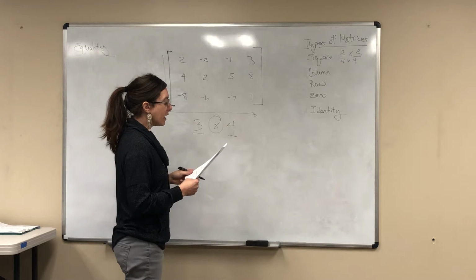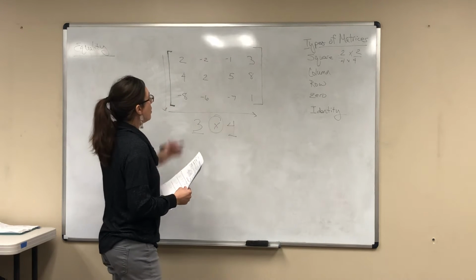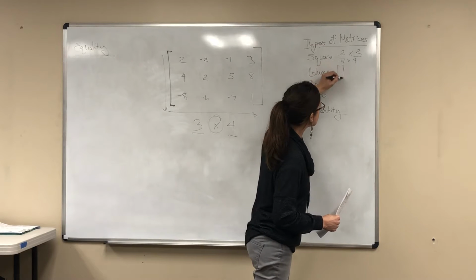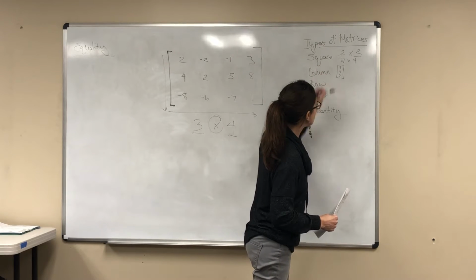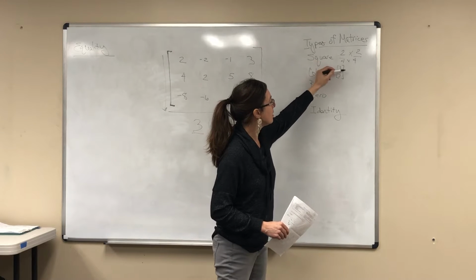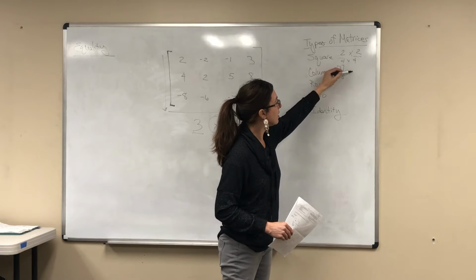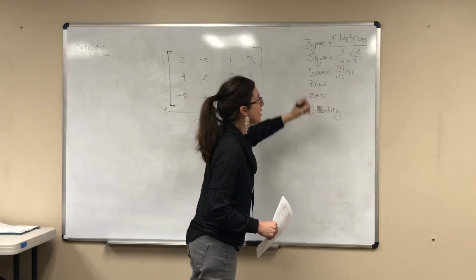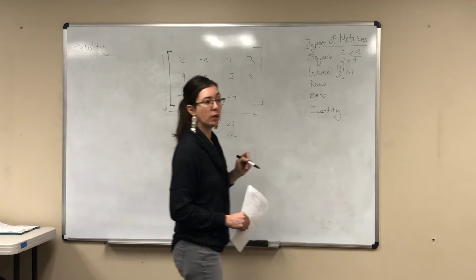There is a column matrix, which means it is simply one column. It will look like this. This is a 3 by 1. A column matrix is one column up and down.